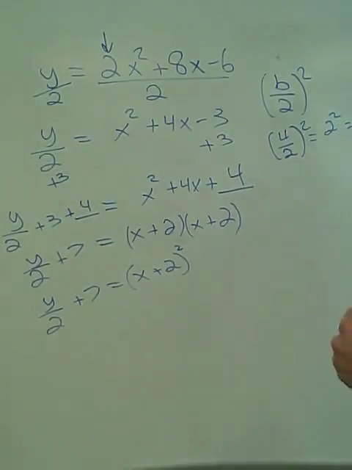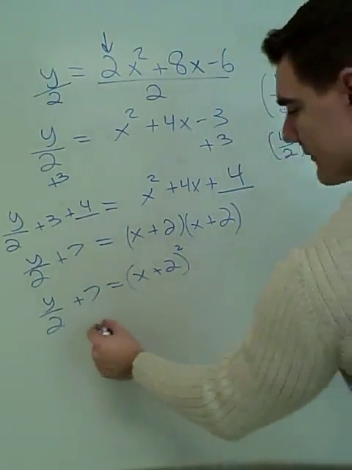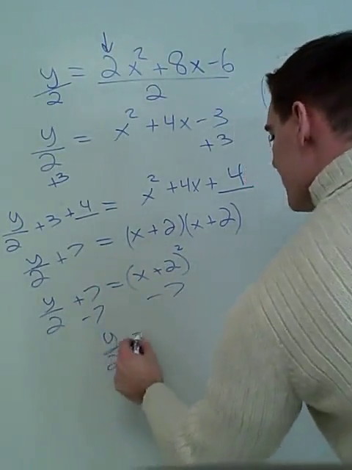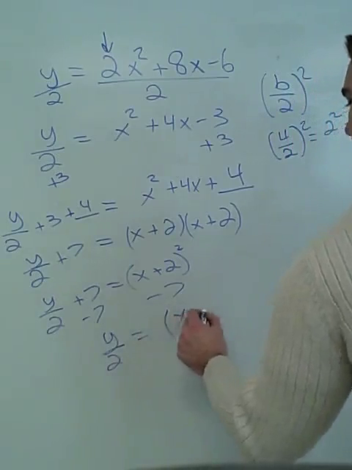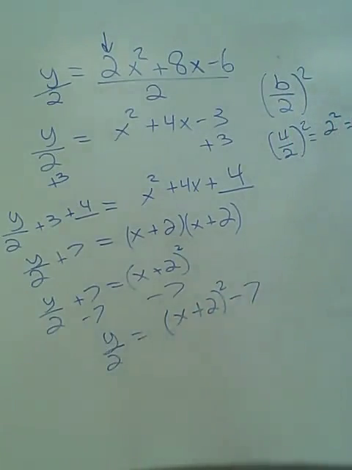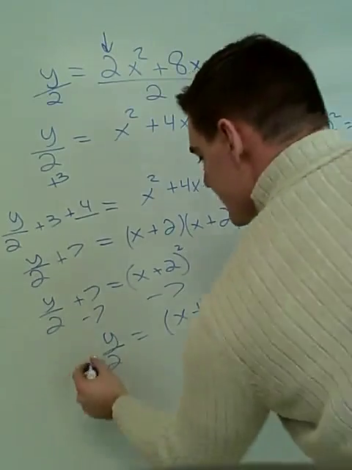So to solve for y, we're going to subtract the 7 over. So we got y over 2 equals x plus 2 squared minus 7. And the very last step we have to do is multiply both sides by 2.